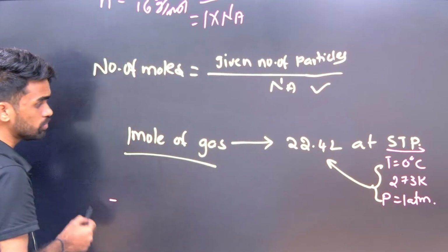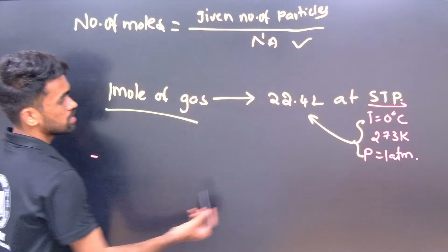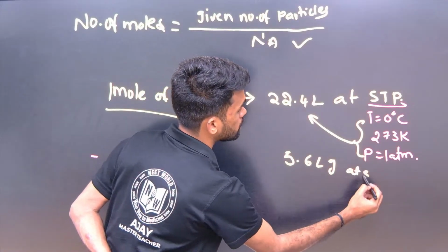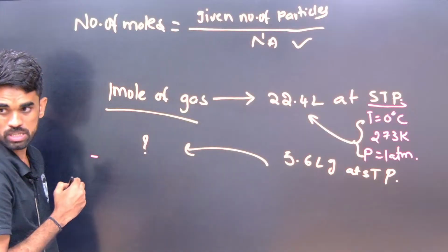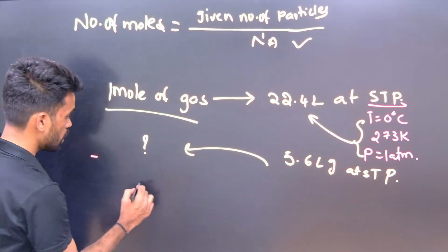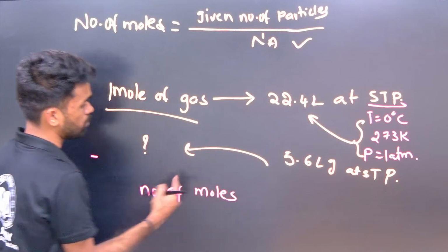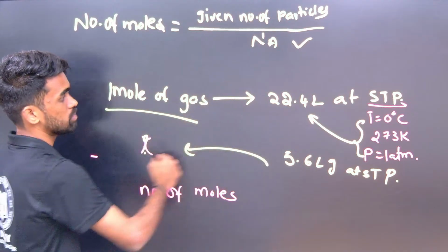Okay, so now they will ask, by giving 5.6 liters of gas at STP, how many moles it will be. How do you do it? Number of moles, I am getting this from the unitary method, like I told you, multiply with this, multiply with this.